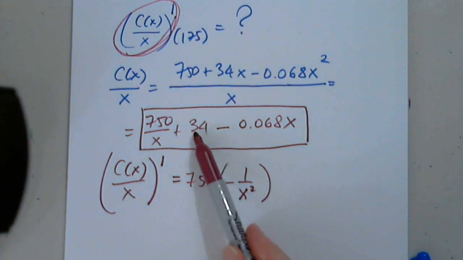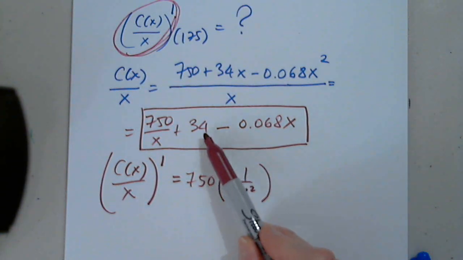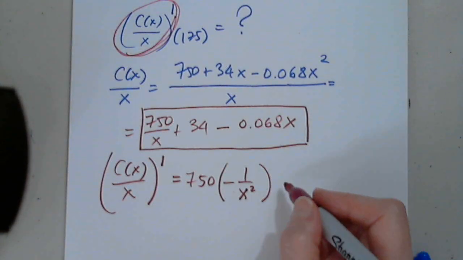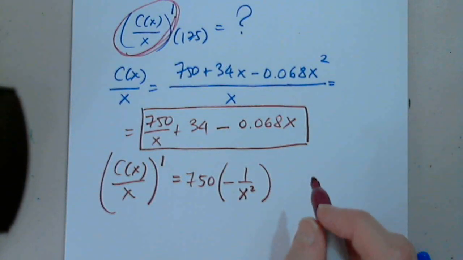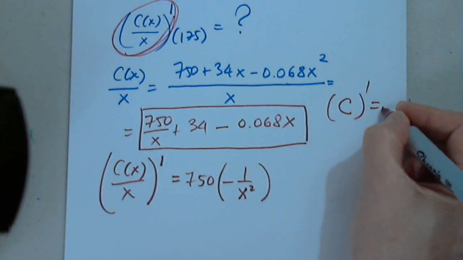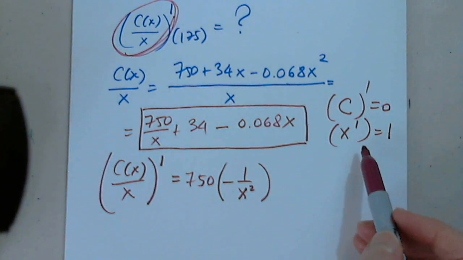What is the derivative of 34? What is the rate of change of a constant? How fast is 34 changing? 0, indeed. A constant prime is 0 and X prime is 1. They cannot be the same.